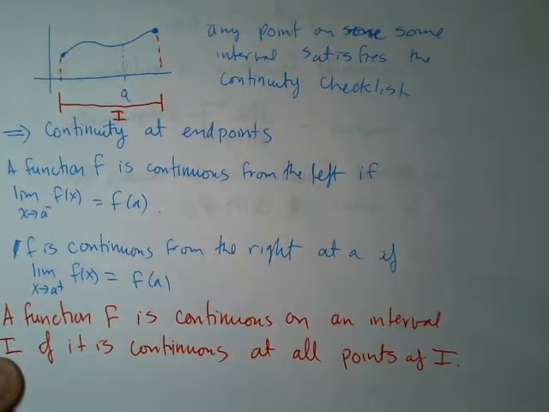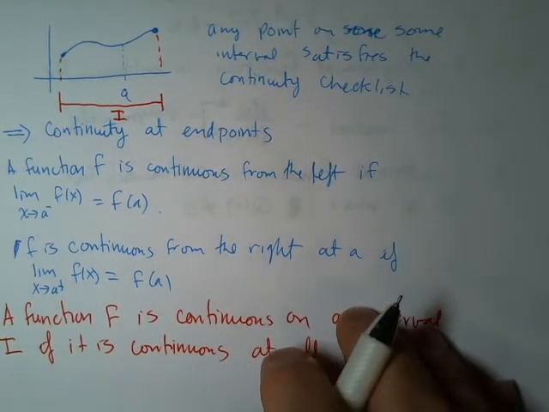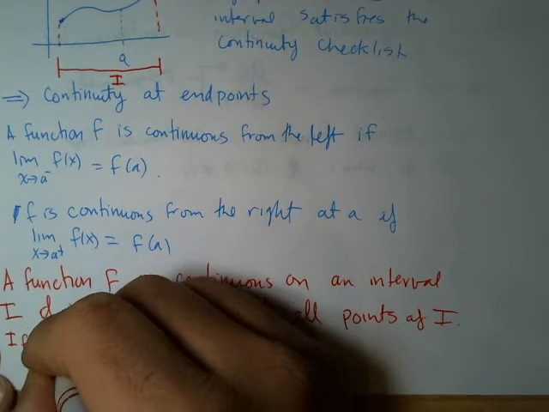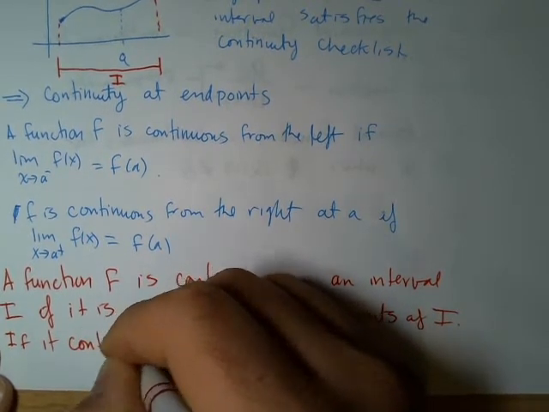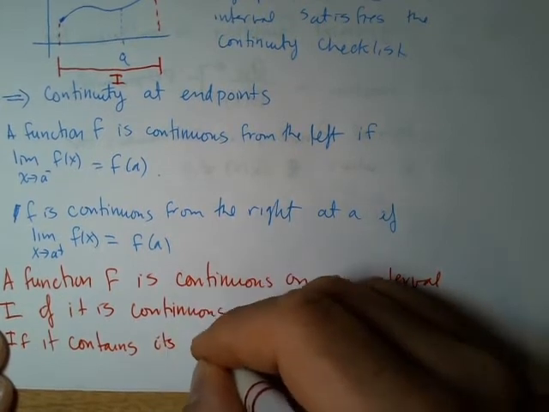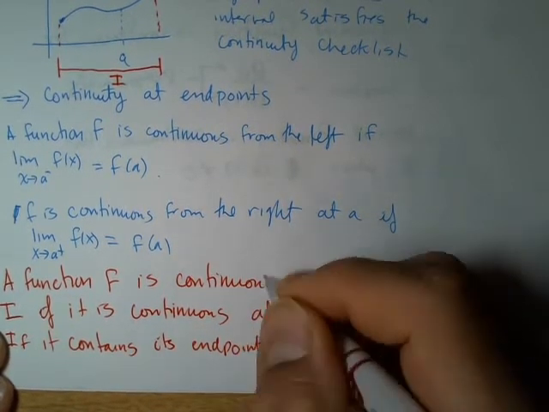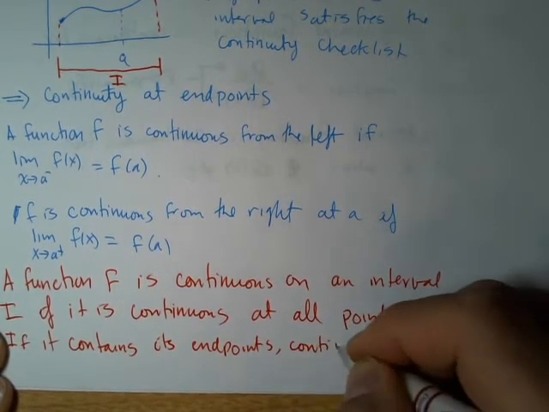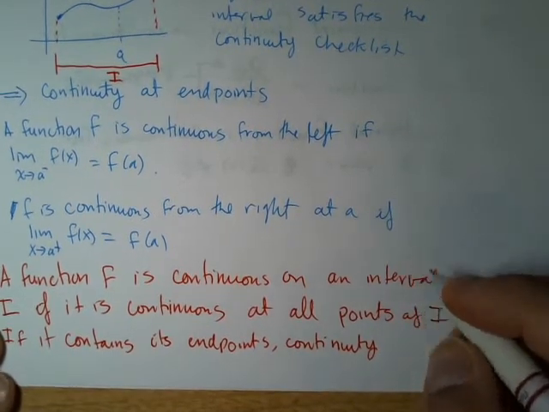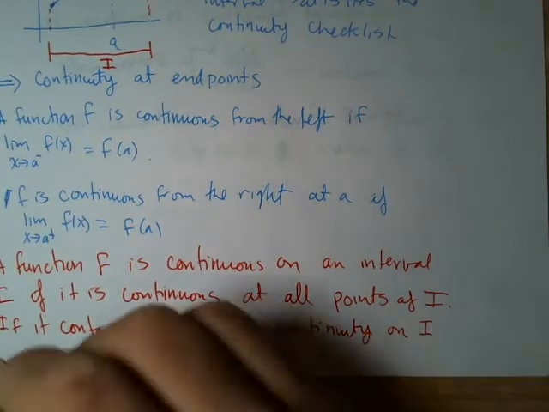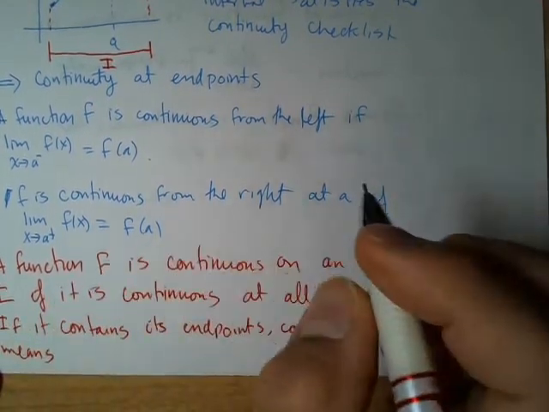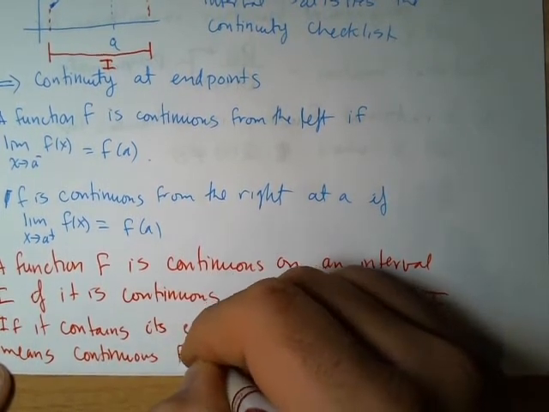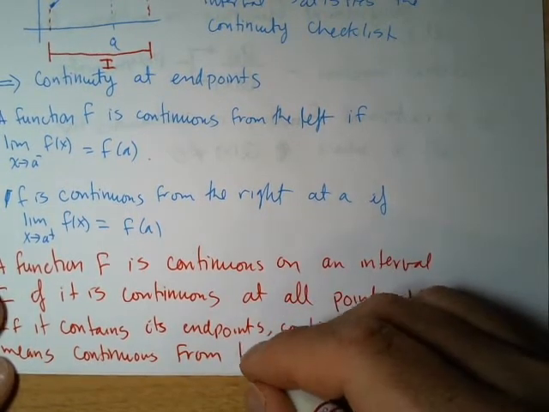Now the interval could be open or closed, right? And if it happens to be a closed interval, in other words, if it contains its endpoints, so we're saying that the interval is closed, continuity on I means continuous from the right or left at the endpoints.